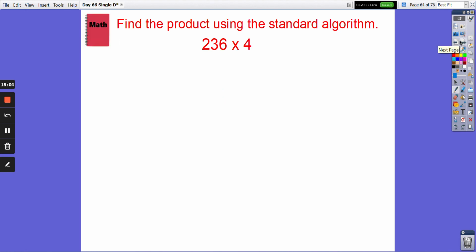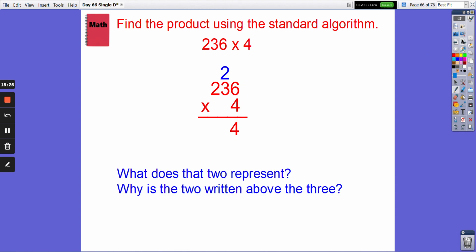This is the last example I'm going to show you. Find the product using the standard algorithm. Oh my goodness, we're bypassing the entire partial products for this problem. 236 times 4. We write it vertically. That's how you should always be writing these multiplication problems. And we have 4 times 6, which gives me 24.